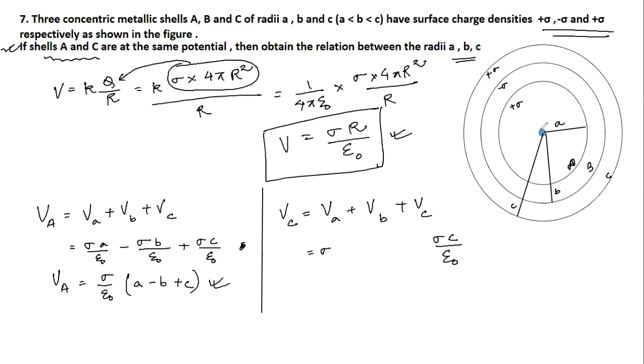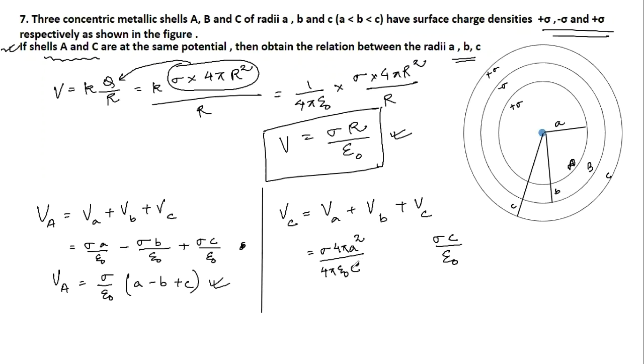So when we find potential due to sphere A, which has plus sigma charge density, we multiply this sigma charge density with the surface area of sphere A. So it will be 4 pi A square divided by 4 pi epsilon naught C.